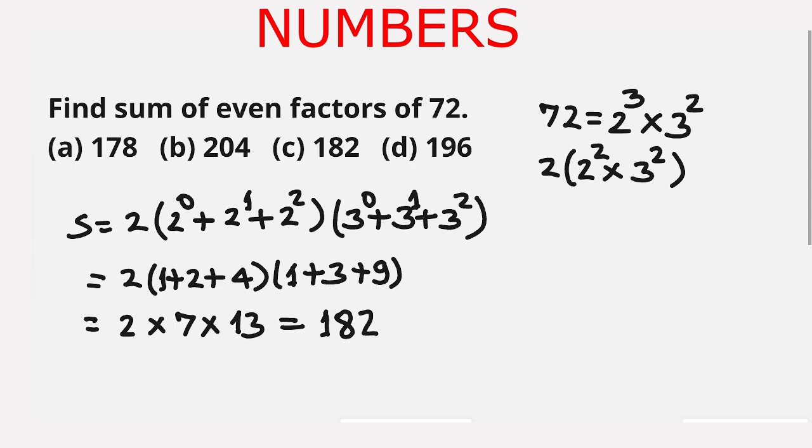So the sum of all even factors of 72 is 182.